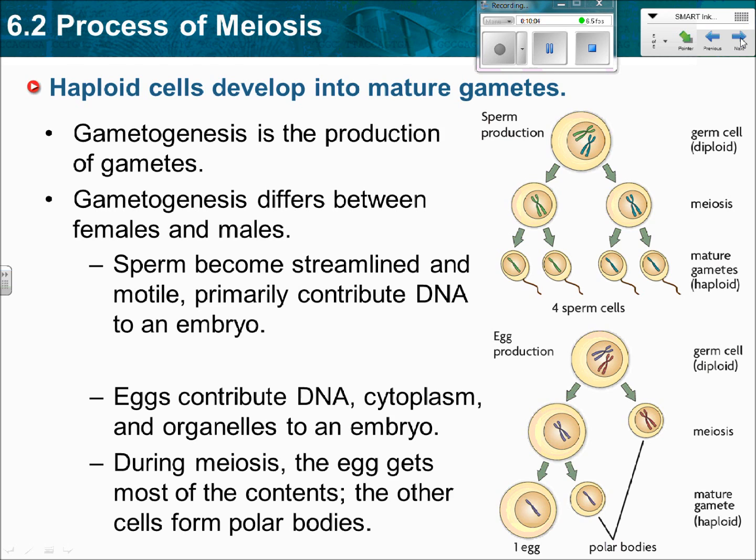So what happens is to get all the good stuff here, all the mitochondria, the ER, the ribosomes, the skeleton, it splits, but it makes one that has a lot of the good stuff. It barely gives up any good stuff here. Then this one divides and does the same thing. So we get one cell out of meiosis that has the most cytoplasm.